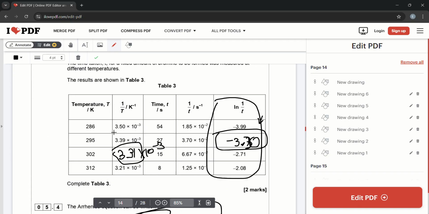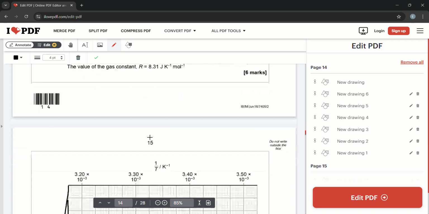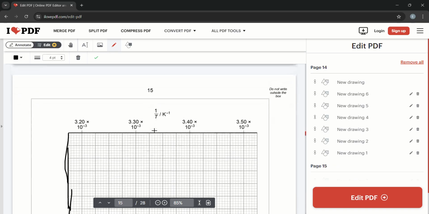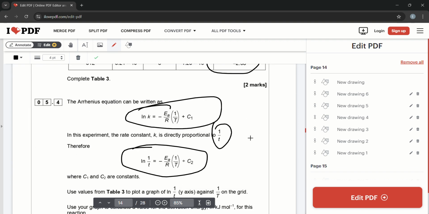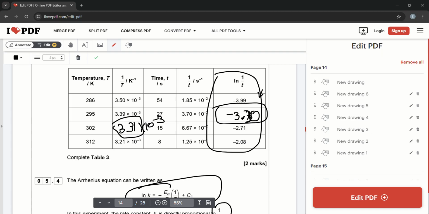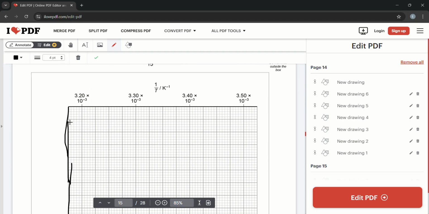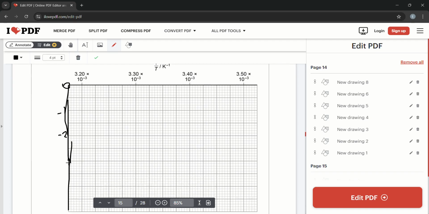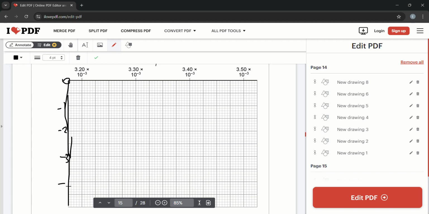So let's plot this. We have got minus 4 to minus 2. So we can say this is 0, minus 1, minus 2, minus 3, minus 4.